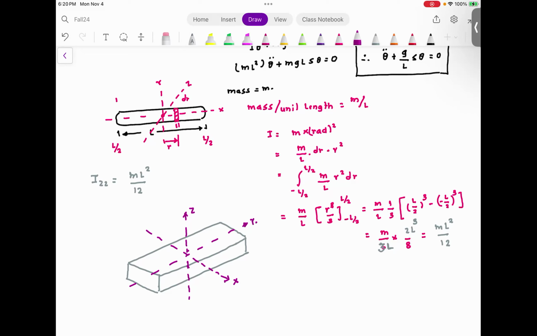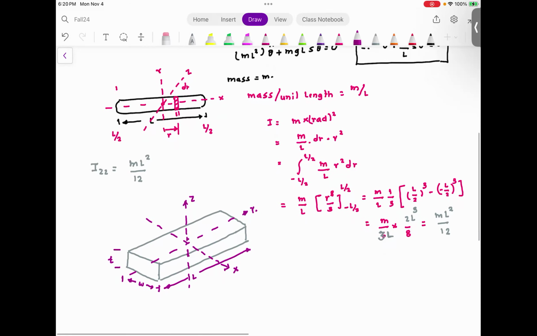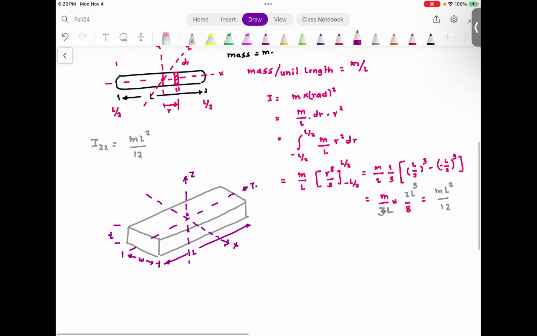This thickness is T, this width is W, and this length is L. Now understand, this is the slender rod, which means the mass is distributed across the length. The mass of this whole thing is M.